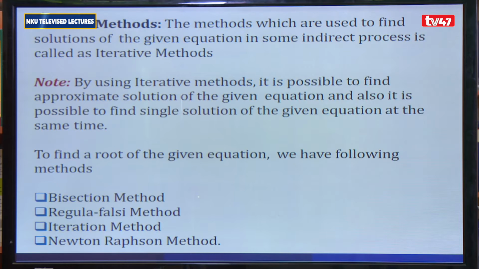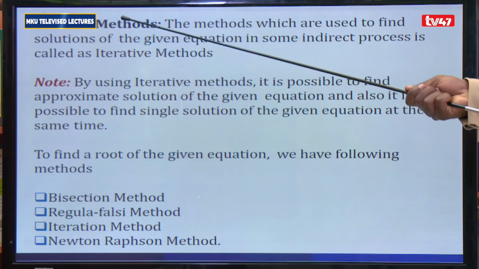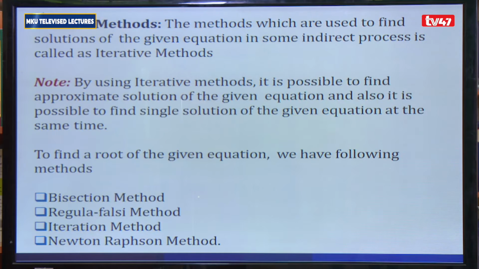These methods simply aim to approximate the roots. By using indirect methods, which are also called iterative methods, it is possible to find an approximate solution of the given equation, and also a single solution of a given equation at a time.